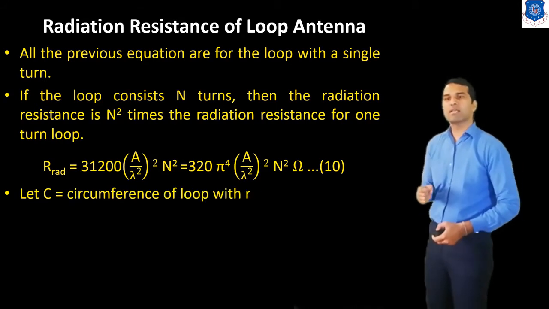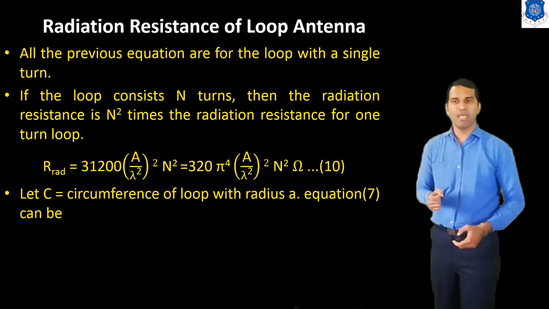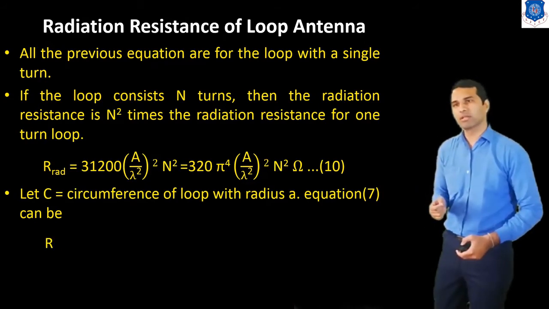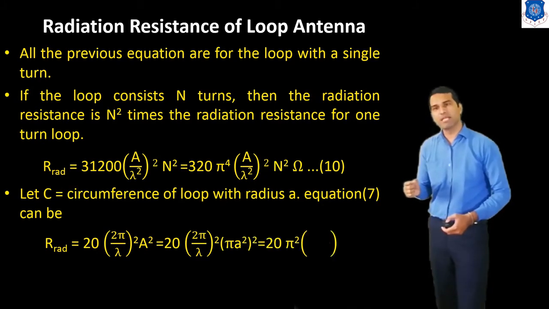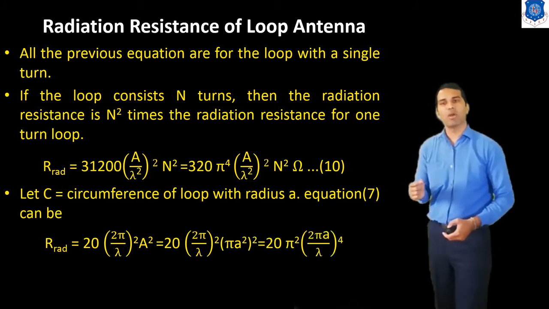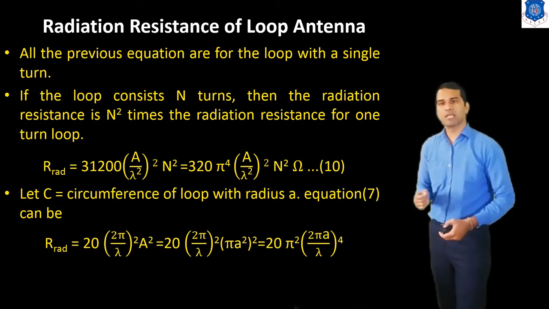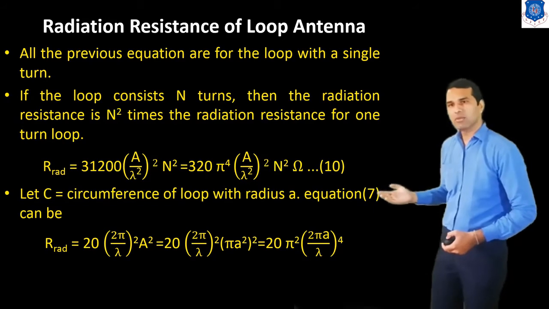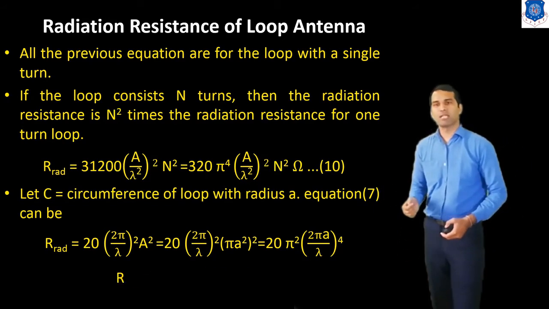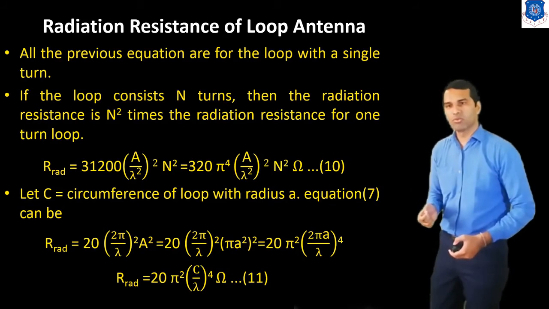Now let me consider C is the circumference of the loop with a radius a. The equation number 7 can be written as R radiate is equal to 20 (2π/λ)⁴ A². So here we know that A is nothing but πa². So lastly we can write the radiation resistance equal to 20π² (2πa/λ)⁴.